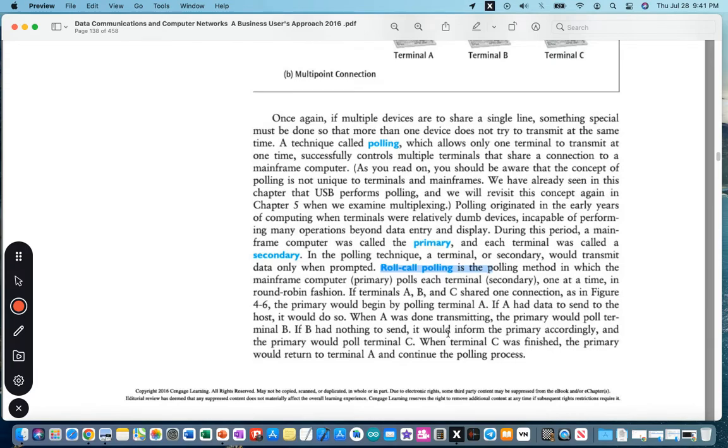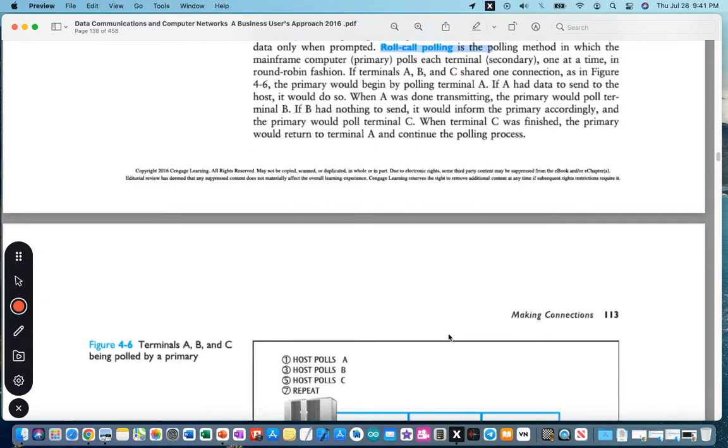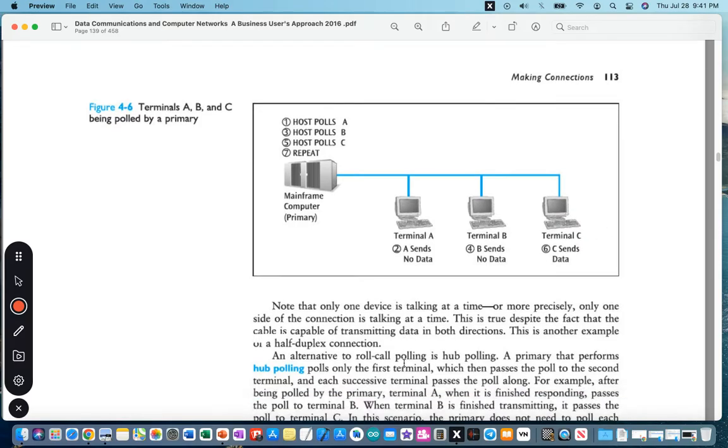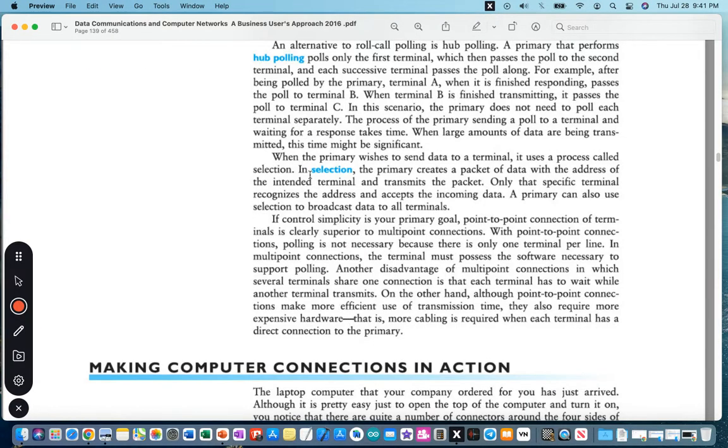Okay. Terminals A, B, and C being polled by the primary. All right, so host A, host B, host C, repeat, just like that. Hub polling is different. Selection, all right.